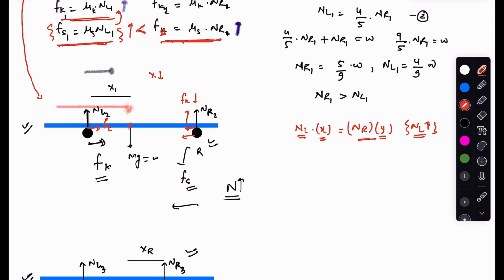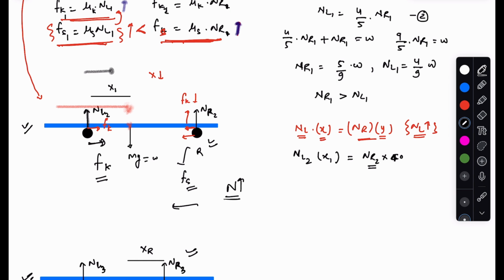Okay, so let's first find out what this x value is. Let's form the equations first. One equation is this one, let me form it from here only. NL2 times x1 is equal to NR2 times 40.